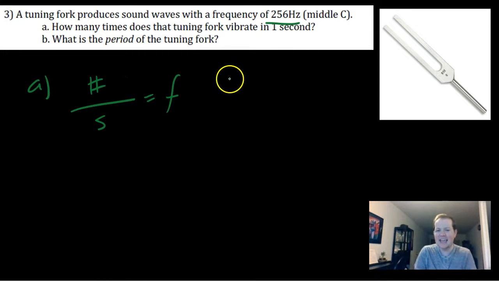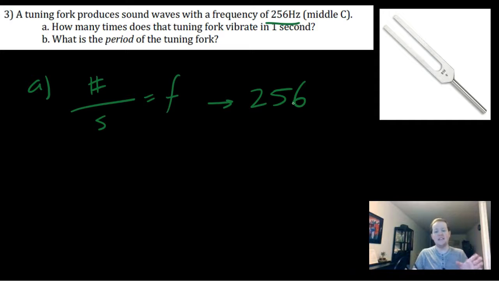In fact, A is almost like a trick question. It's asking about frequency. What does frequency mean? It means the number of waves or the number of cycles or the number of things per second. The frequency of this tuning fork is 256 hertz. That means it vibrates 256 times every second. That's actually the answer.